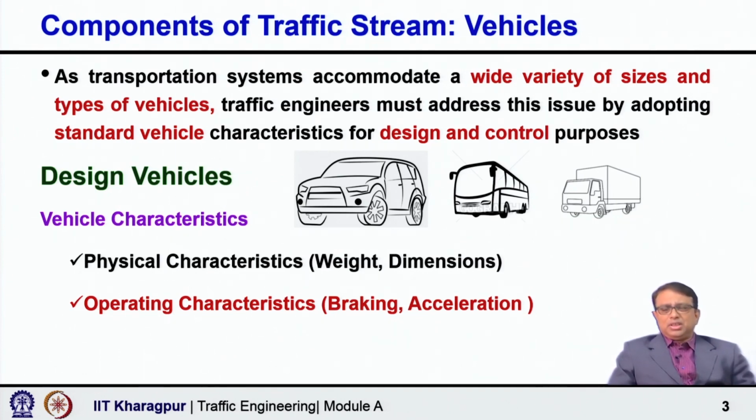So, depending on the functional classification of the road, we need to consider something called design vehicles. That means the characteristics of the design vehicles will be used for design purposes, right.